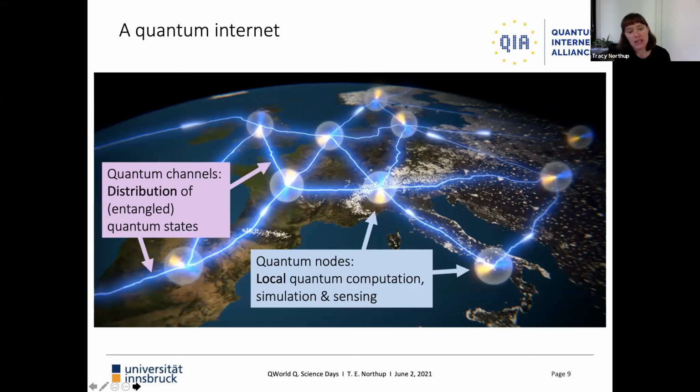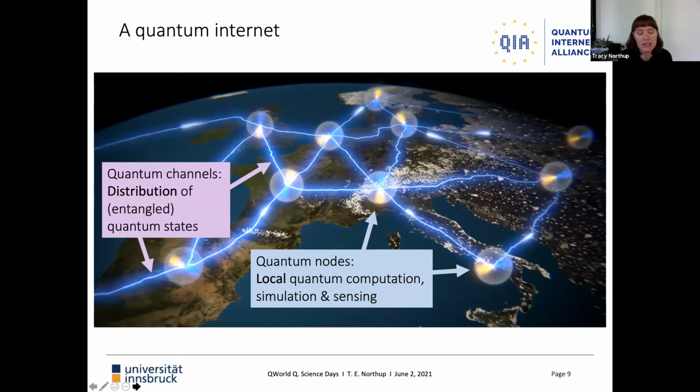It's supposed to indicate either free space channels or fiber optic channels that link those nodes over distances that can really only be traversed with light. Over these quantum channels, we're going to need to distribute quantum states. So when I'm talking about a quantum internet here, I'm talking about the most general version, where our goal is to be able to distribute quantum states across such a network.